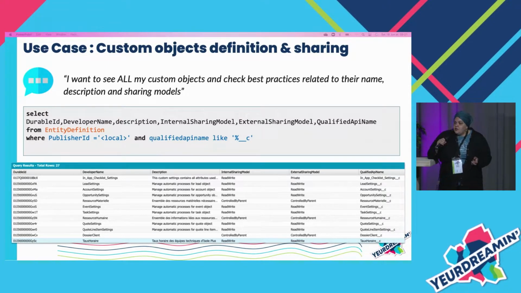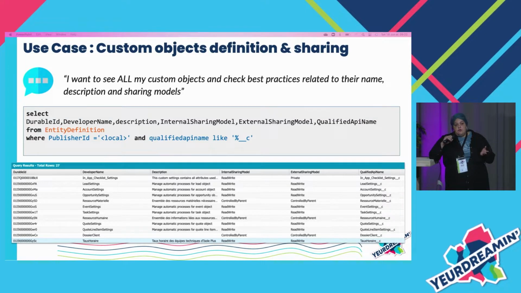Of course, you can also go to the setup, sharing, and then retrieve all this information. But here, what we are trying to do is get some queries that you can run from the same place, so from the developer console, and get all the information back.